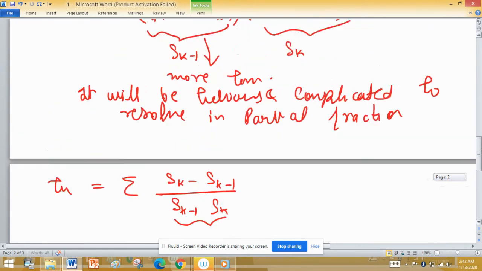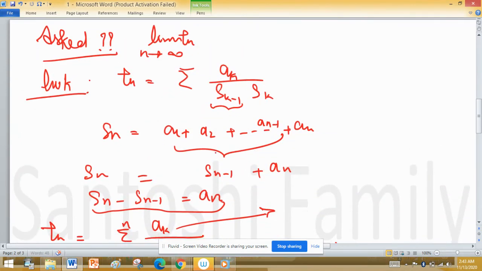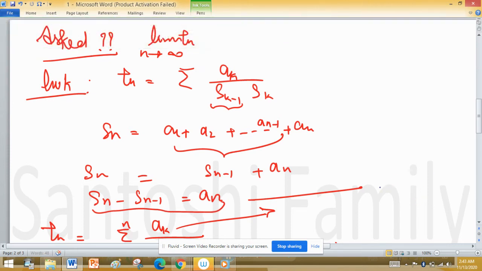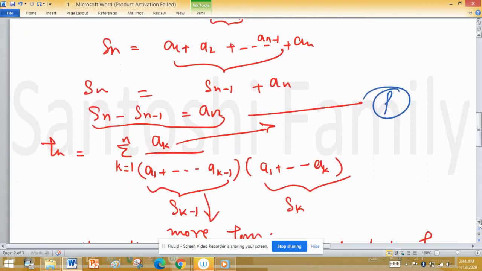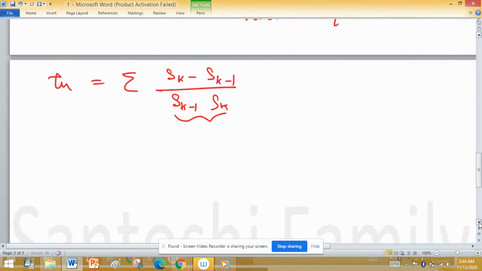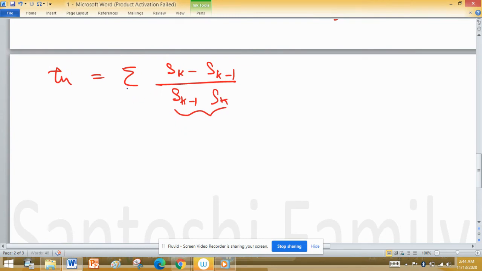As you can see, I use an in terms of sn. Now it is basically from 2 to n.